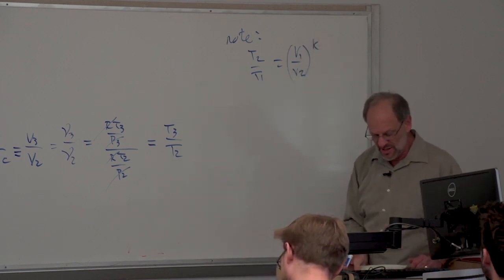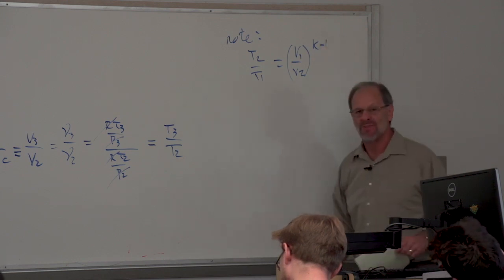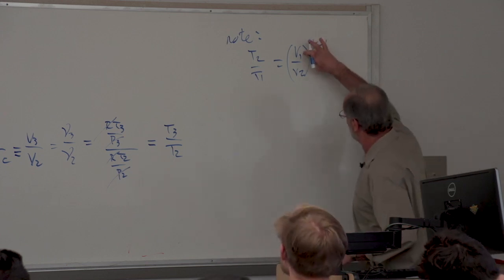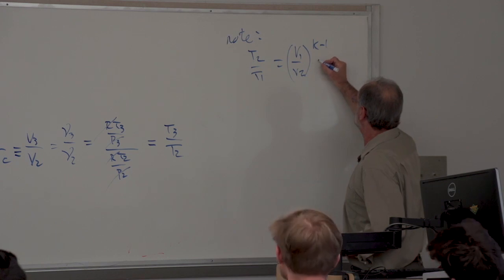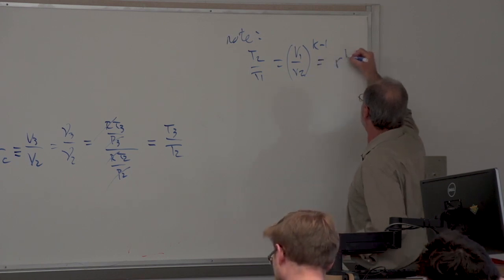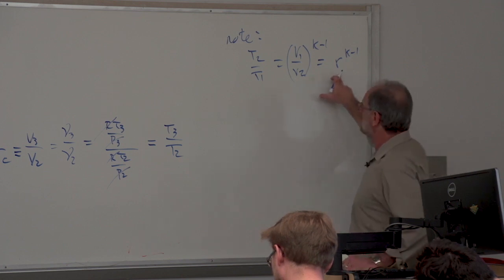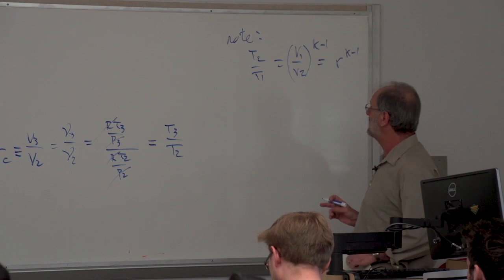Okay, this is just one of the things that we understand. I'm sorry, k minus 1 power. Okay, and today I'm not going to make the same mistake that I did last time. V1 is the maximum volume, V2 is the minimum volume, so this is directly equal to the compression ratio to the k minus 1. So this is something that's going to be ultimately plugged in over there to the efficiency equation.